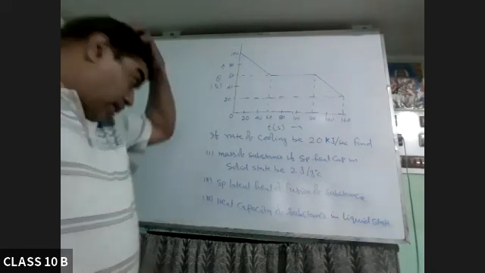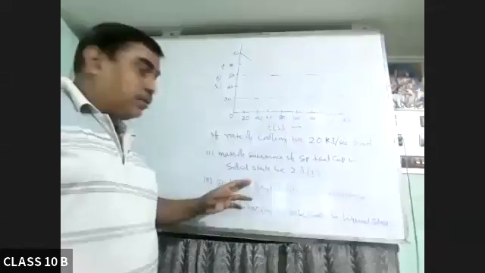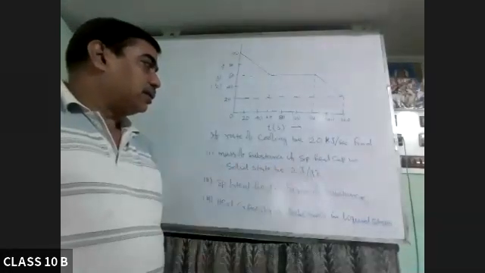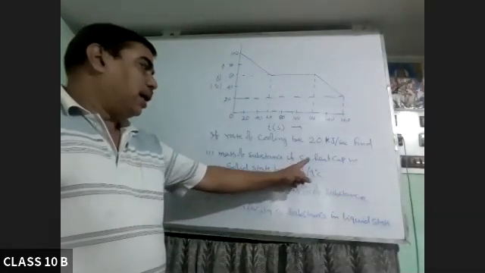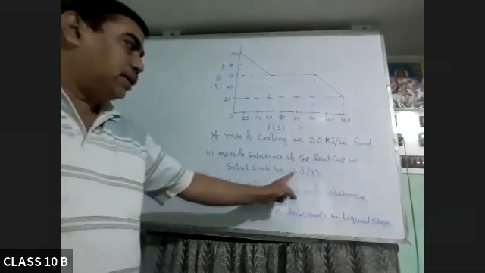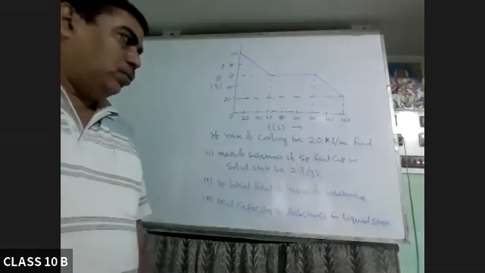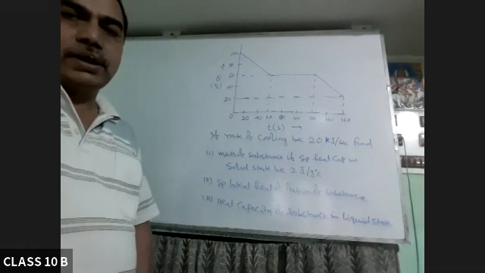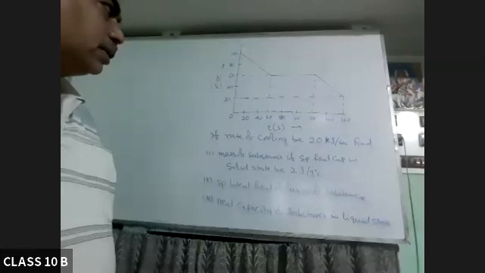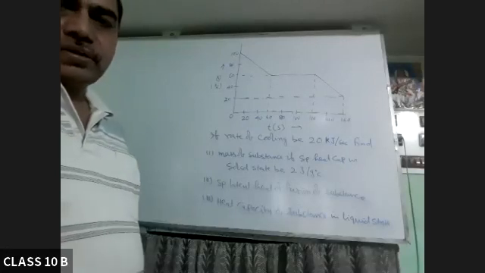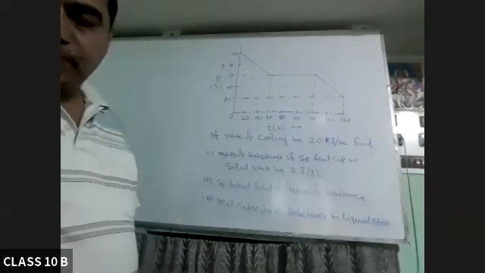So here first we are given mass of substance, we have to find, and specific heat capacity in solid state is given, 2 joule per gram degree Celsius. So where is the solid state? Which part of the graph is in solid state?